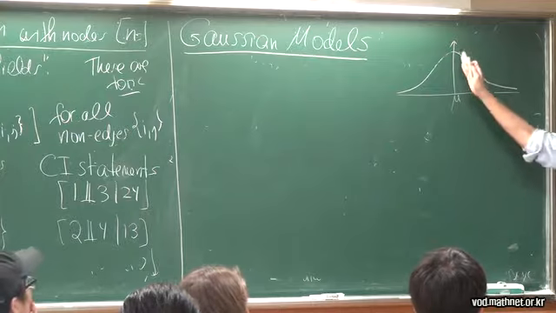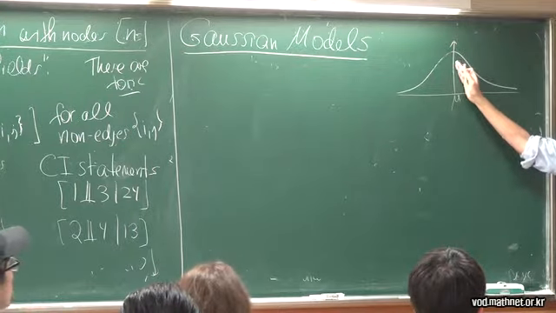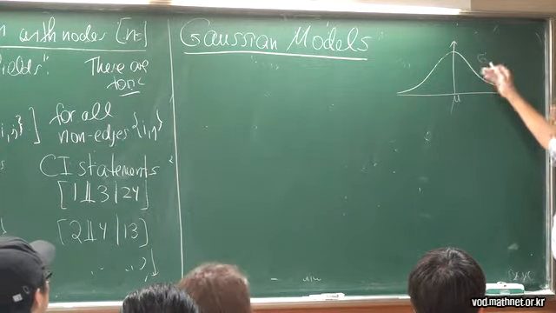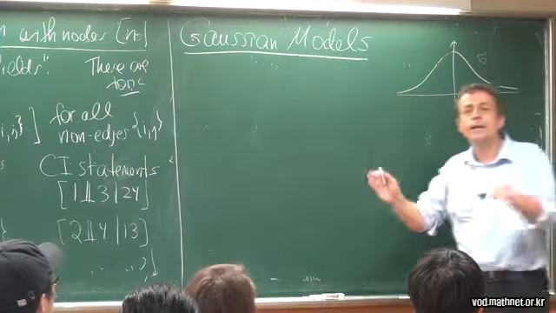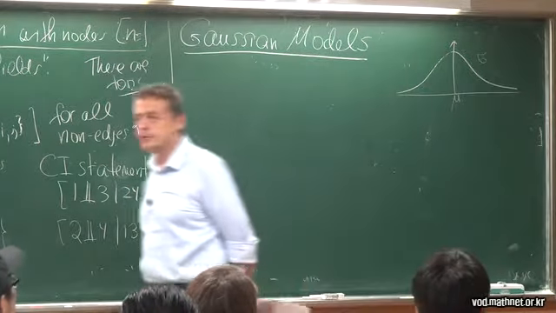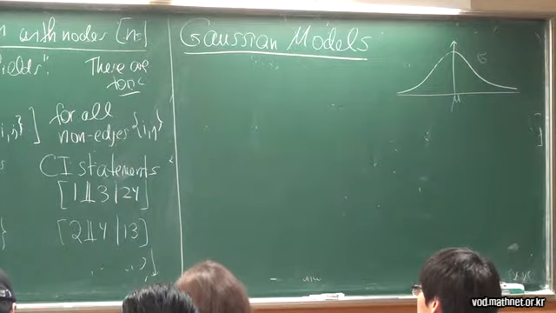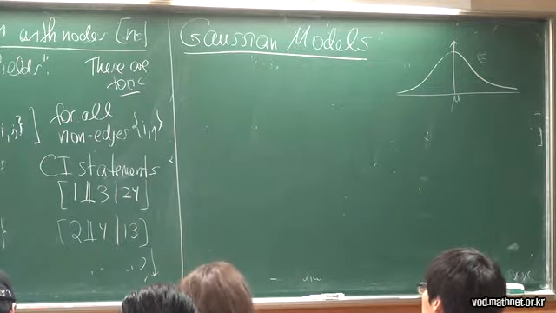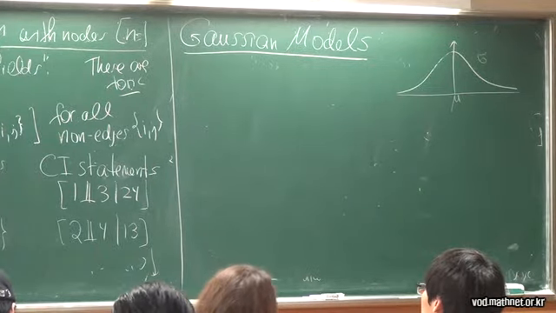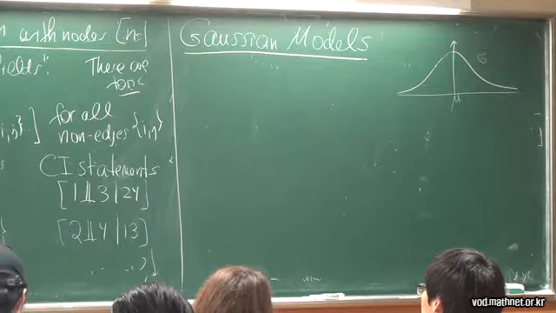That tells you where this curve peaks. And then there's the covariance, sigma, that tells you how wide the curve is. So this is the density function, a function whose integral, the area under the curve, is 1.